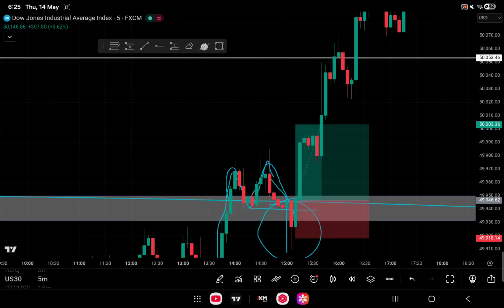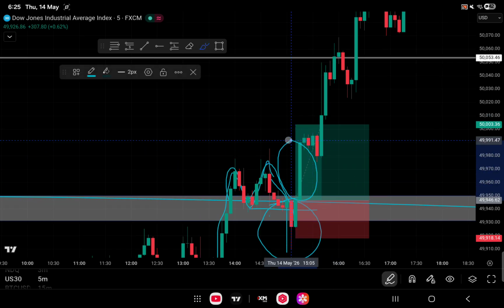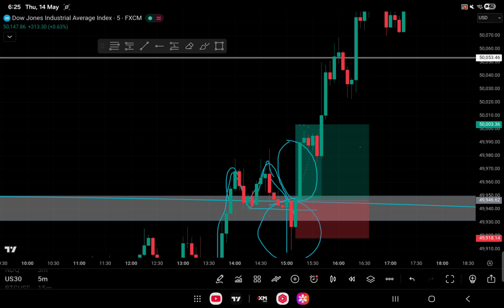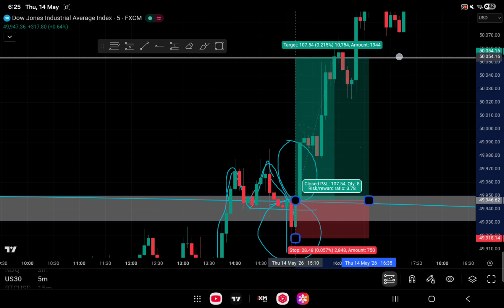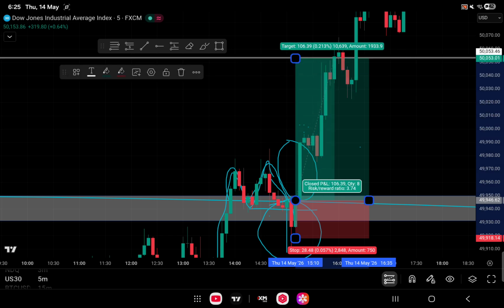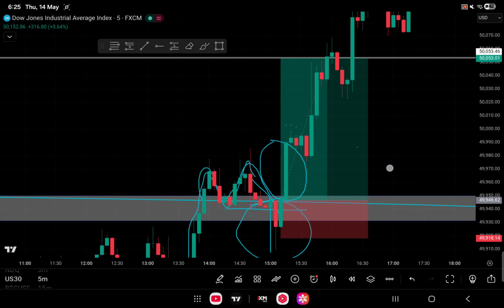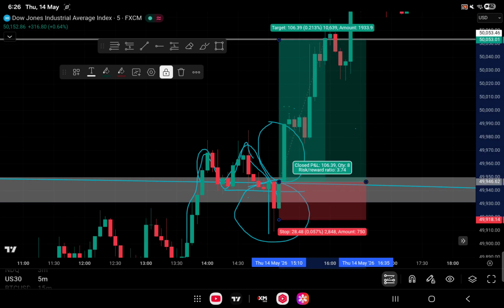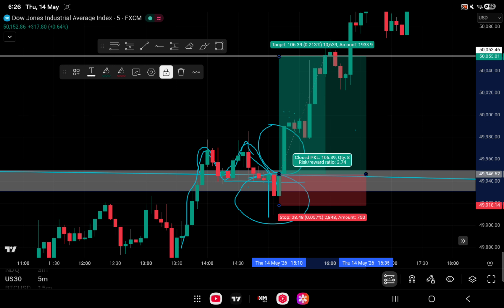But after this massive green candle, we shifted our SL to break even, and we trailed our target to this recent high, till this level, and we achieved a net risk to reward of 3.74:1. So massive profit booked in this US 30 trade in the London session.